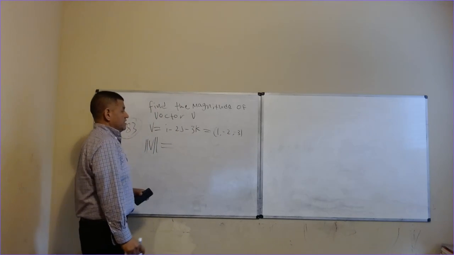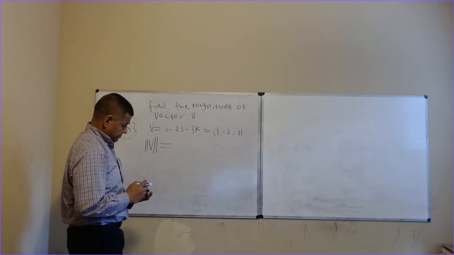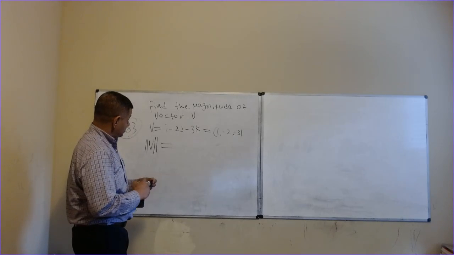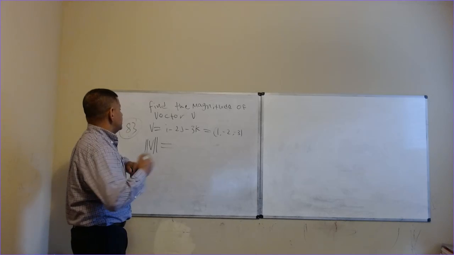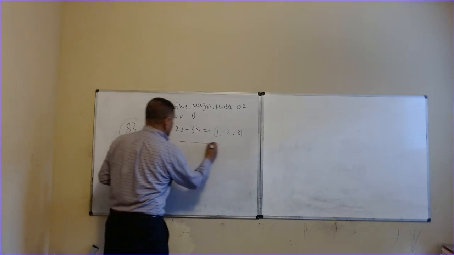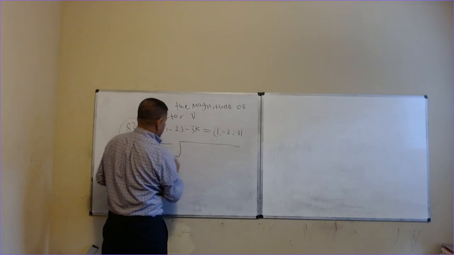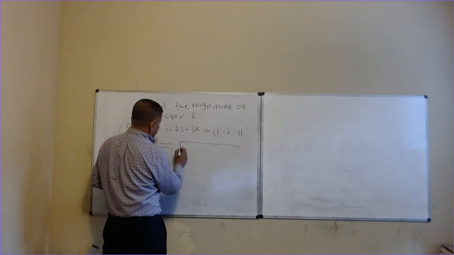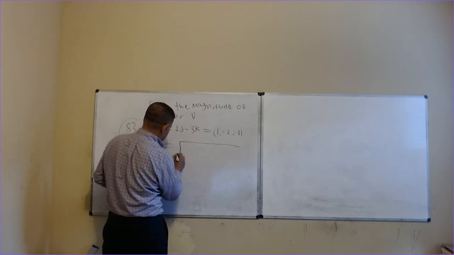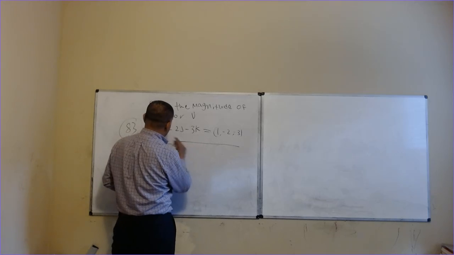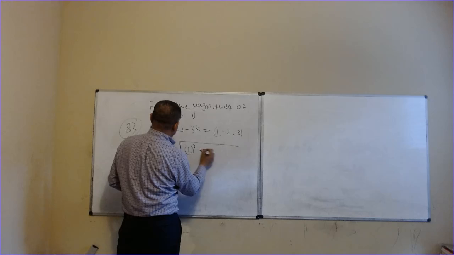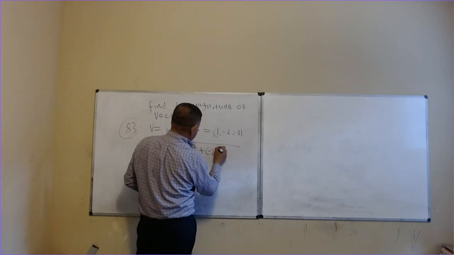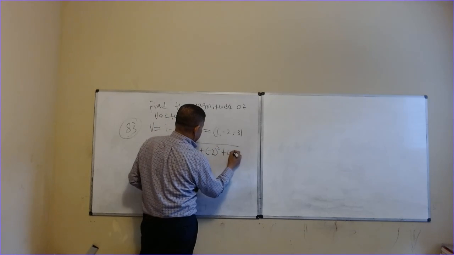Now what I do here is the following. I put the 1 there, so I put the 1 squared plus negative 2 squared plus negative 3 squared.